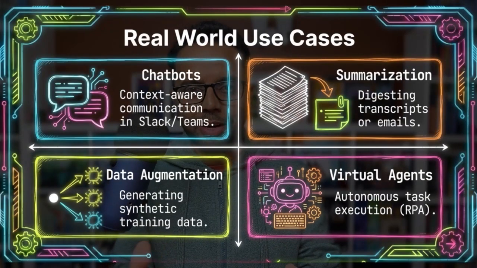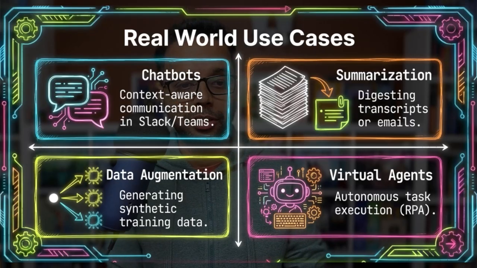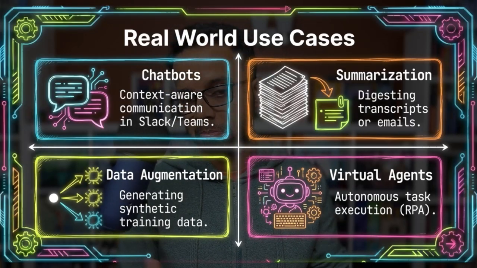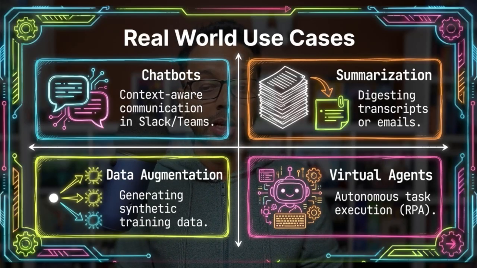So some real world use cases are the creation of chatbots, where you want to create context-aware communication, and maybe it's a standalone chatbot, or it can be a Slack or Teams integration. Summarizations, where you want to receive transcripts or emails from many sources and summarize them in a specific way.